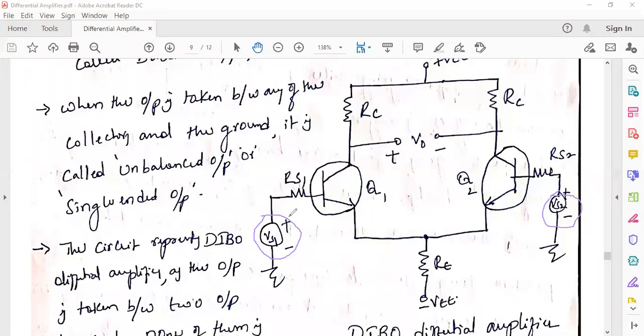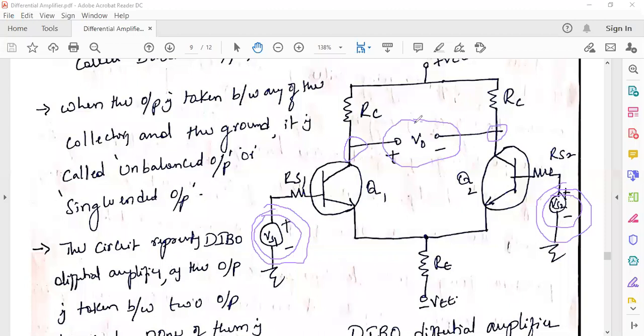So this is the circuit diagram. Here I have applied two inputs, Vs1 and Vs2. Vs1 is applied to the base of Q1, and Vs2 is applied to the base of Q2. Here I am taking the output V0 between the two collector terminals. This is collector 1 of Q1, and this is collector 2 of Q2.